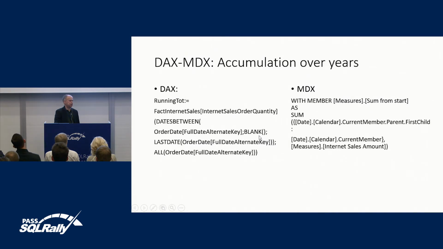That's because the first one is blank here. And the last date, order date, full date, alternate key. And you actually have to add the all function here as well to make it work. This is how you can do it. It's the only way to do it. Maybe they will do something, improvements in future releases, I don't know.